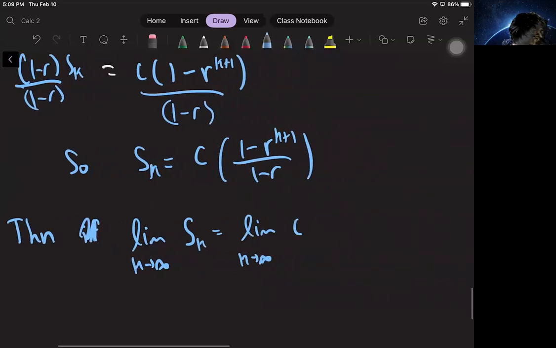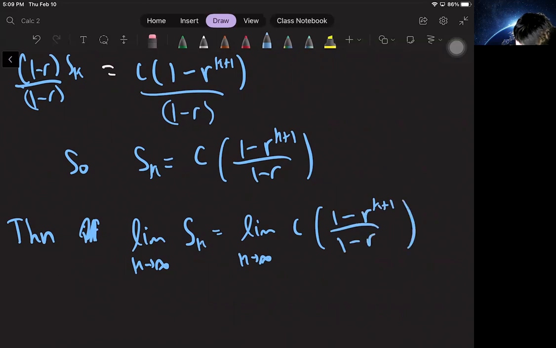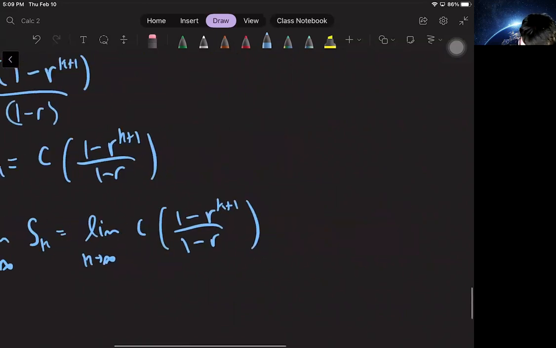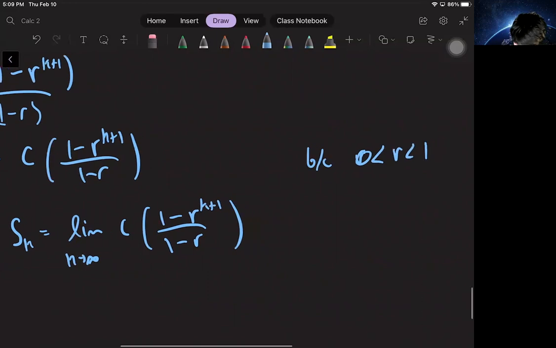Well, it looks tricky, I guess, but you have to remember what kind of number r is. So it's because r is a fraction between 0 and 1 that when you raise it to k and make k go to infinity, that's going to go to 0.